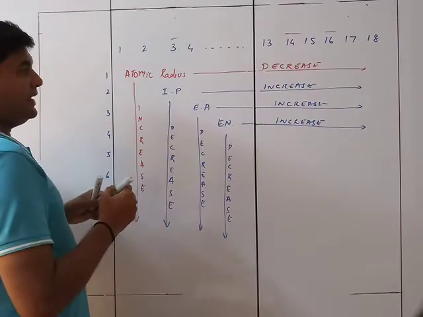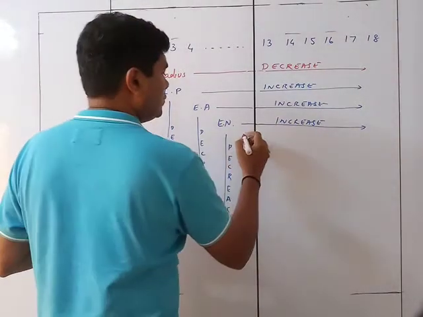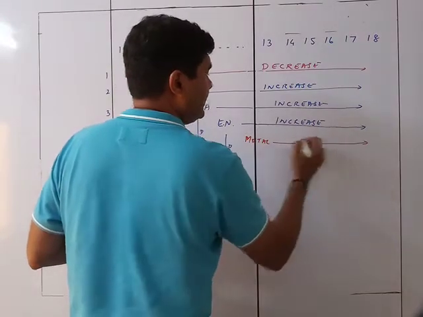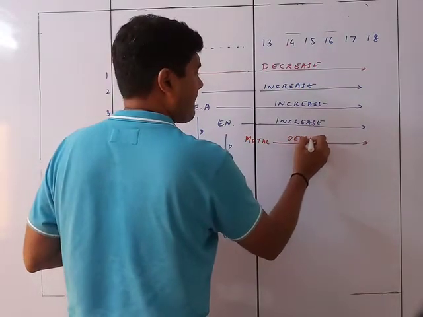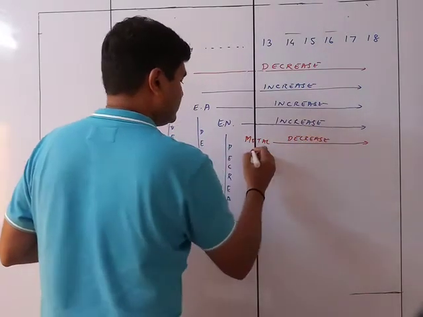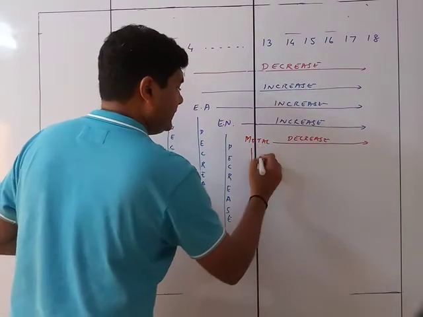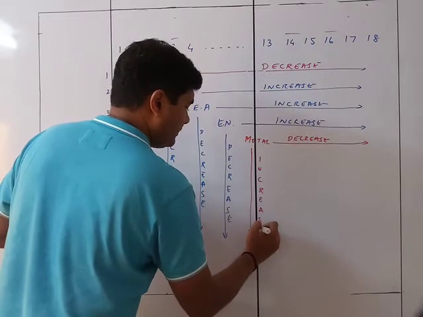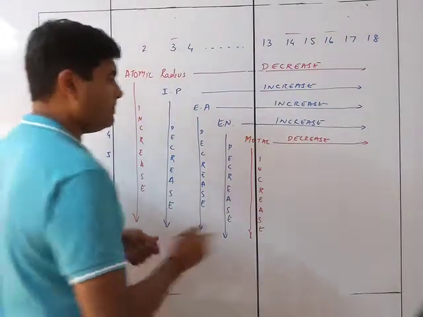Okay. Next comes the metallic character. So metal, over here it decreases, whereas down over here it increases. And finally is the non-metal.